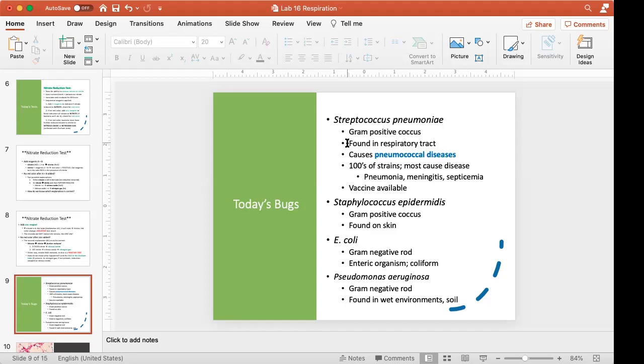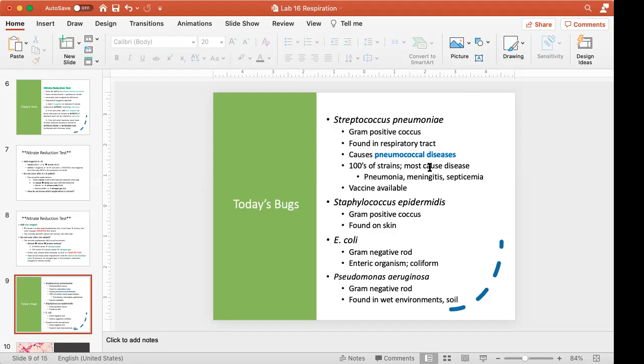Streptococcus pneumoniae causes what we refer to in medicine as pneumococcal disease. You may have heard this term, pneumococcal disease. Now, the pneumo here refers to pneumonia and the respiratory tract, and the coccal refers to the fact that this is a streptococcus.